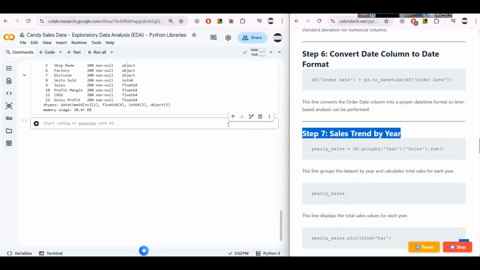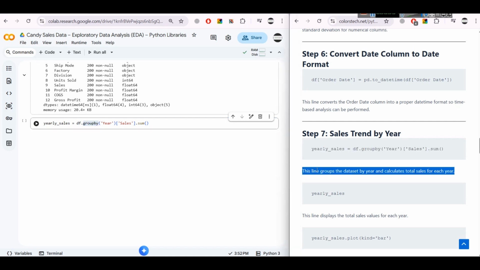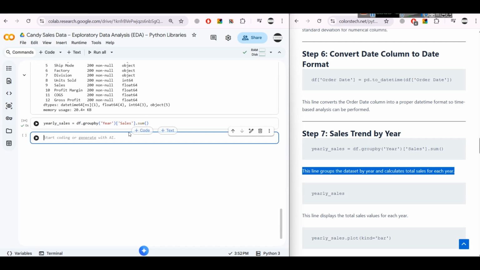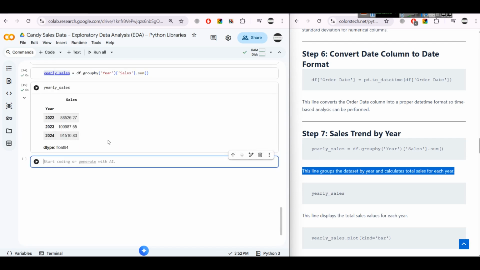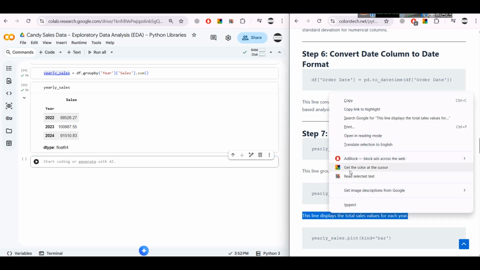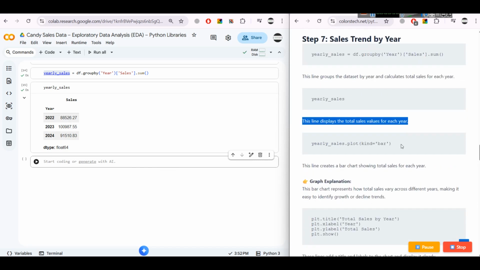Step 7. Sales trend by year. This line groups the dataset by year and calculates total sales for each year. This line displays the total sales values for each year.